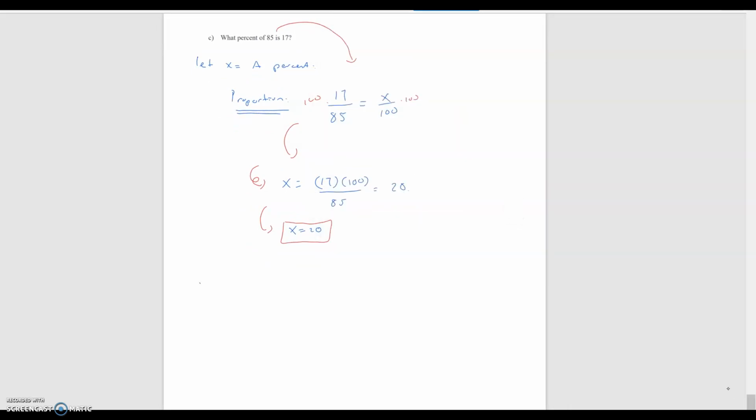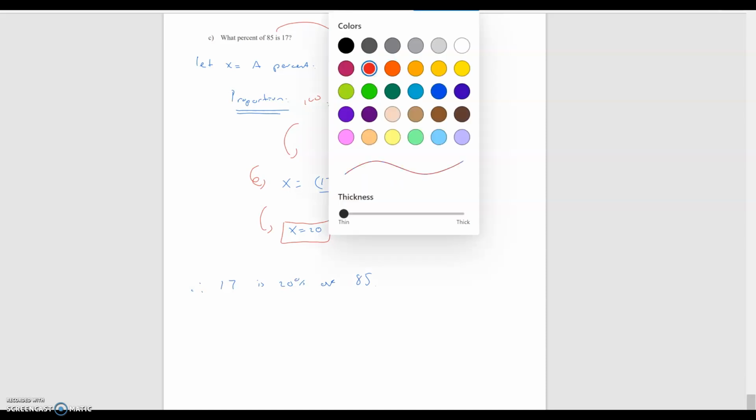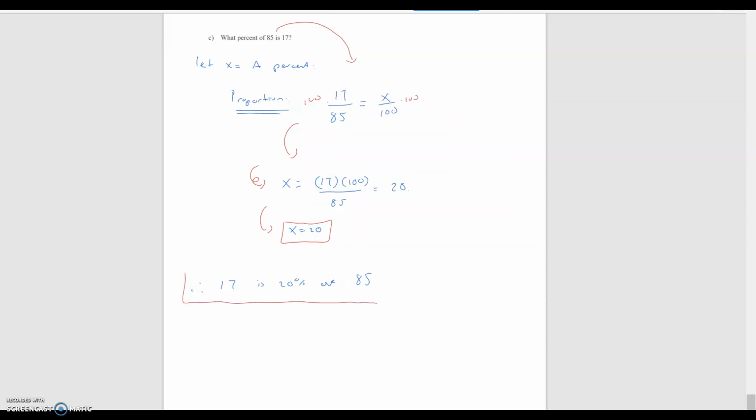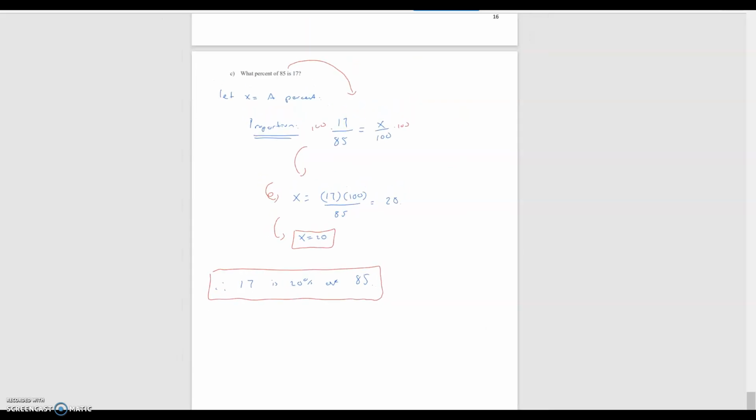And then writing it as a sentence, we can say that 17 is 20% of 85. And that's actually it. And typical problems of percentages, they're not going to have instructions to solve it as a proportion.